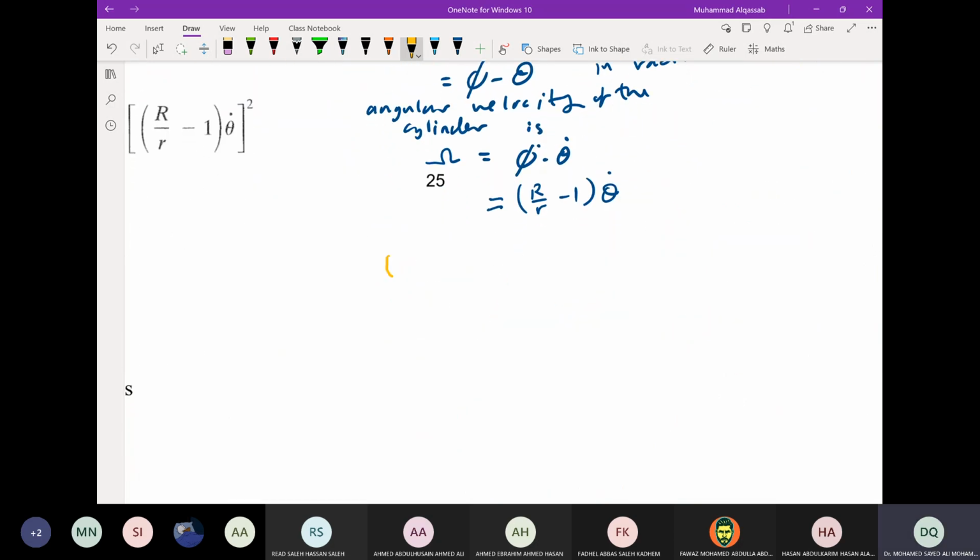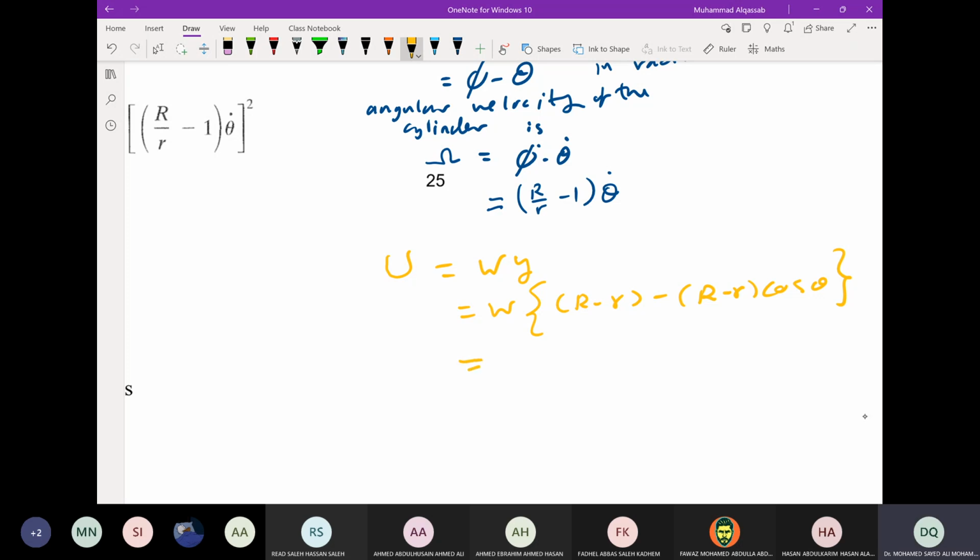So we have the potential energy is W times y, equal to W, and y is (R minus r) minus (R minus r) cosine theta.